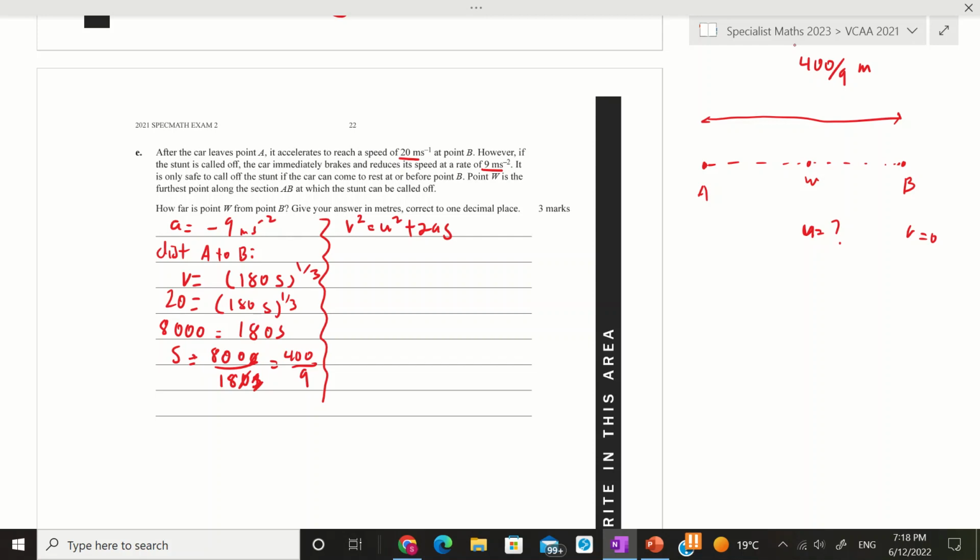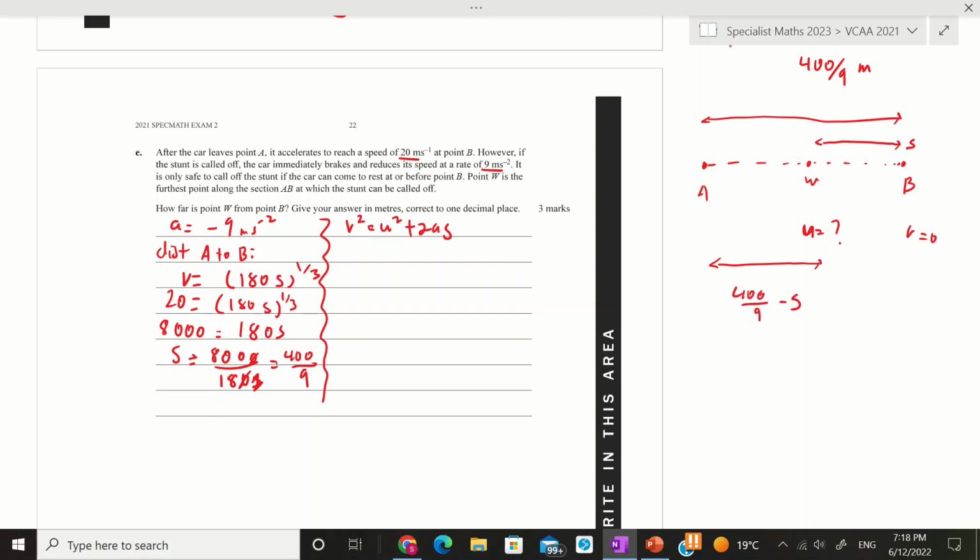Well, if this whole distance from A to B was described as 409, let's take this S term here, because what we want to find is the distance from W to B, and call this distance from W to B S. Therefore, if that distance is S, then the distance from A to W must be 409 minus S.